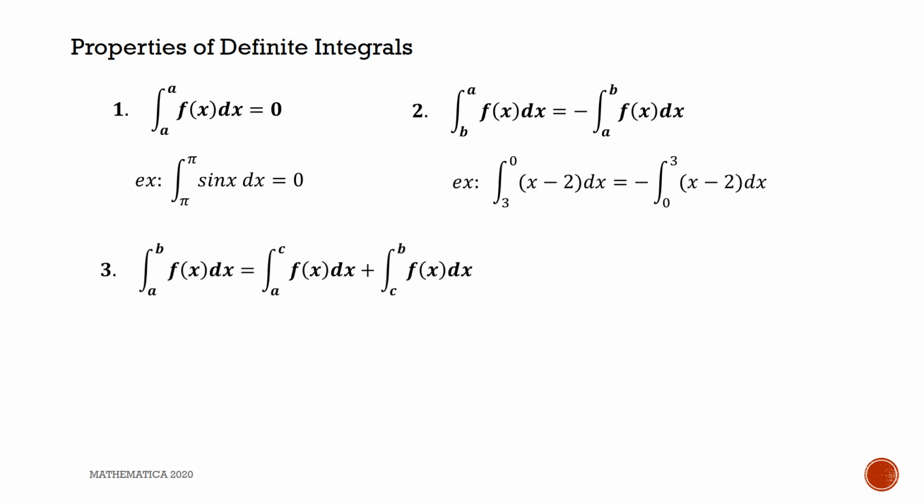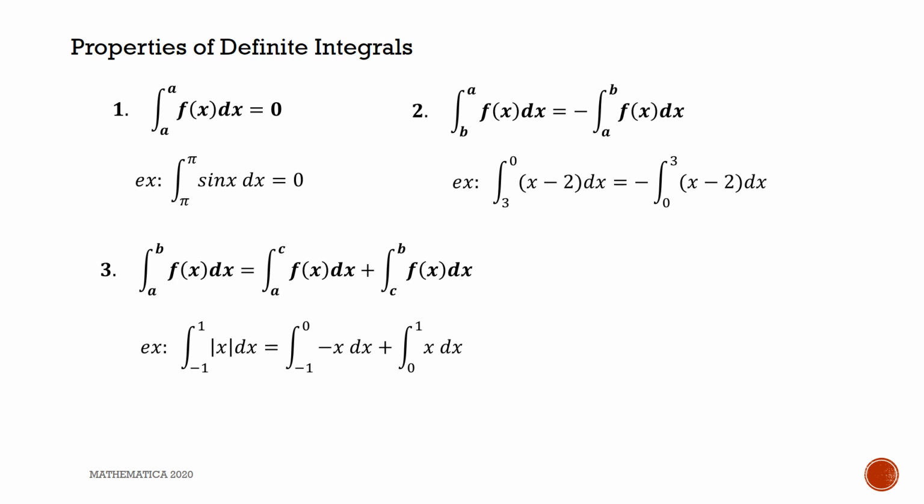The third property: I can break this up, and this happens very, very often with absolute value integrals. So a to b, I can go from a to c and then from c to b. I can break it up, and I'll give you a couple of examples after where you'll understand how these work exactly. For example, the integral of the absolute value of x dx from -1 to 1.